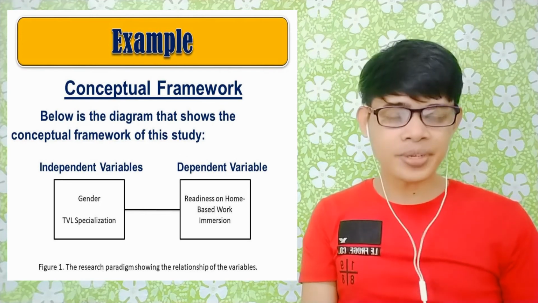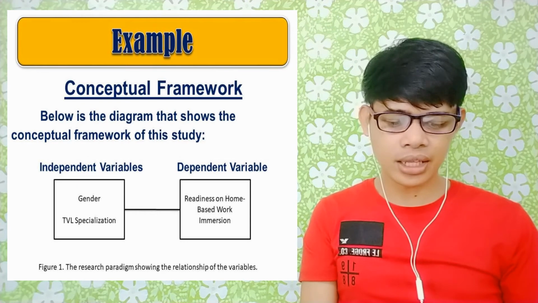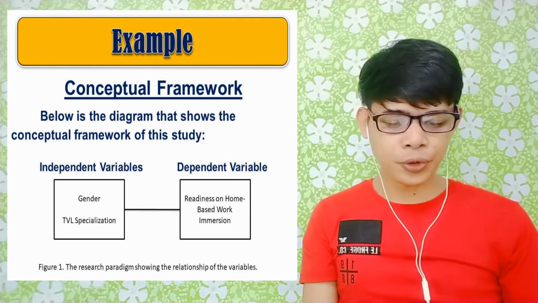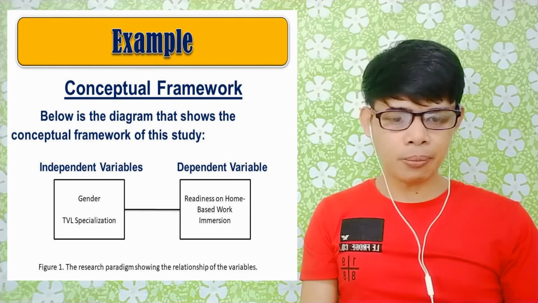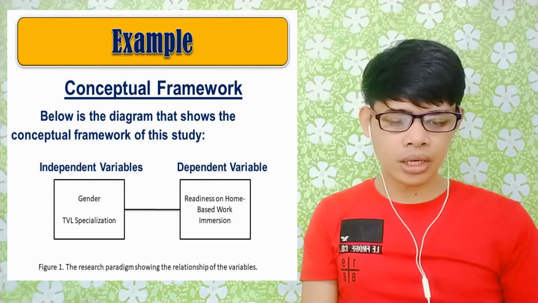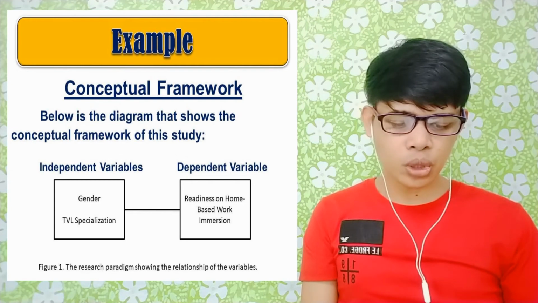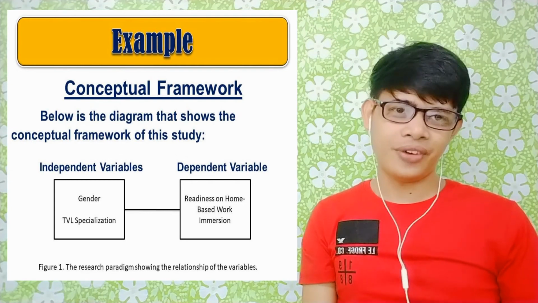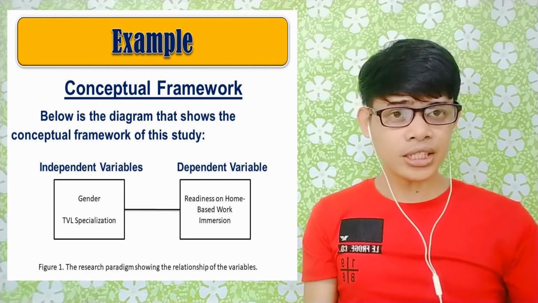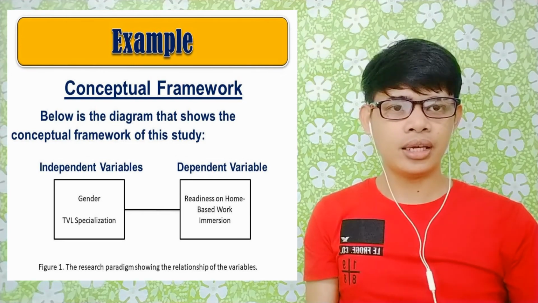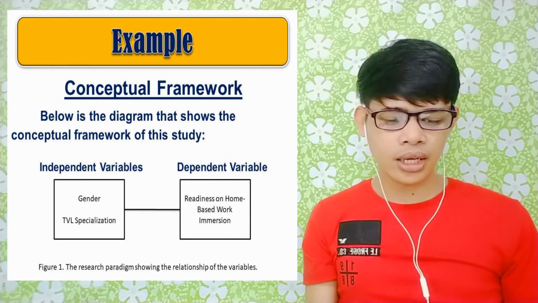The line there represents the connection between the independent and then the dependent variables. And do not forget to put at the bottom details about the research paradigm. That's figure 1, the research paradigm showing the relationship of the variables. So that's very simple. That's the content of your conceptual framework.